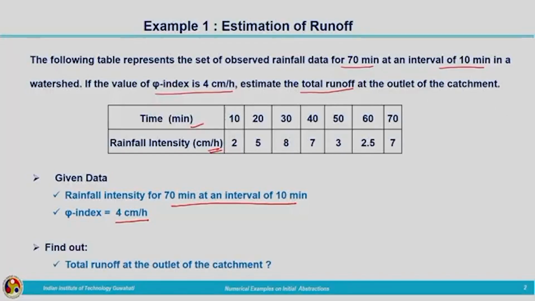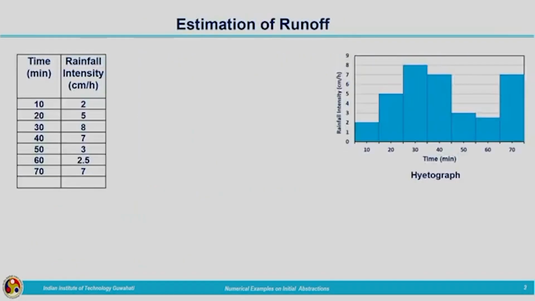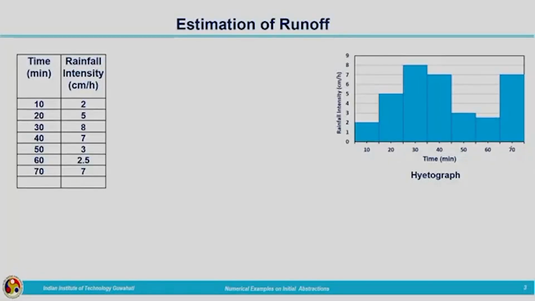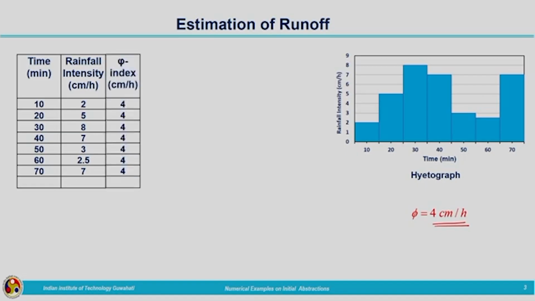So, we need to find the total runoff at the outlet of the catchment. With the given data of time and rainfall intensity, we can draw the rainfall hydrograph, which is already plotted here. The value given to us, 4 centimeters per hour, corresponds to abstractions and is the phi index value. That is tabulated in this column. 4 centimeters per hour can be marked over the graph like this.